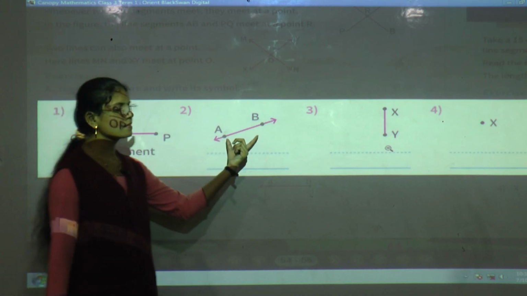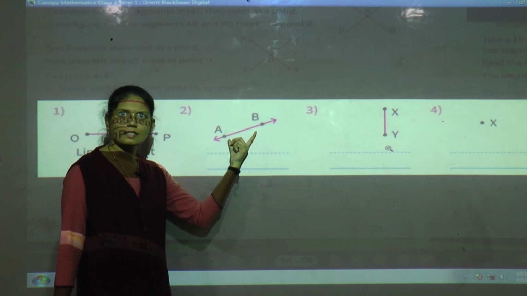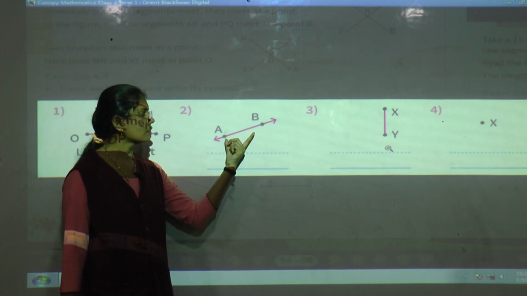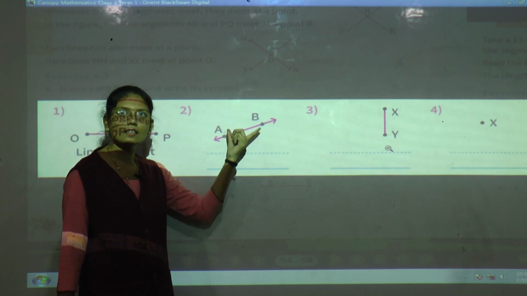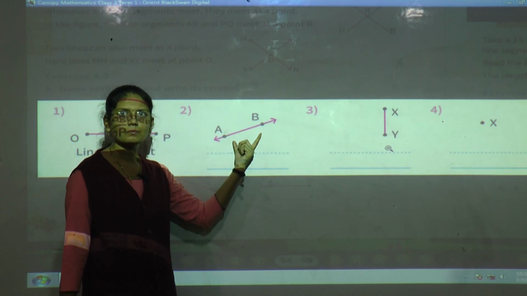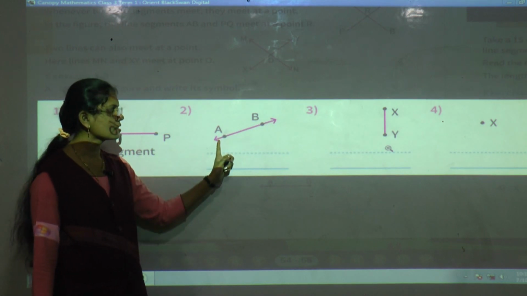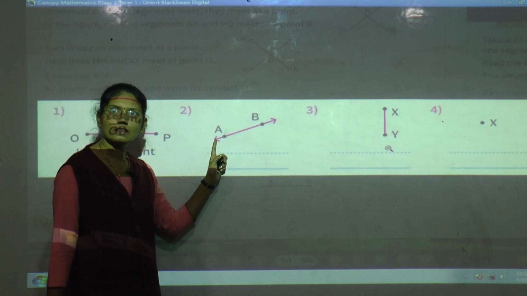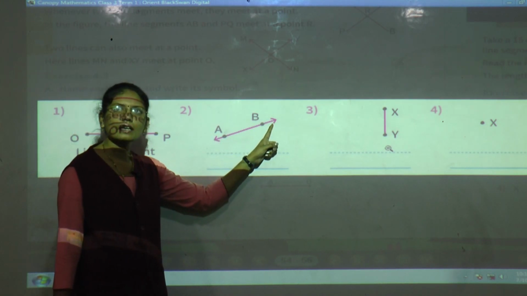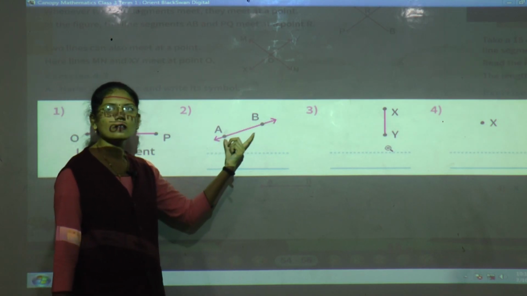Now see this second. Yes, what is this? Is this a ray? No. Then what is this? Line segment? No. This is a line. Why is this a line? Because if we see both the sides, there are arrows. Okay? It means it has neither beginning point nor end point. So it is a line.